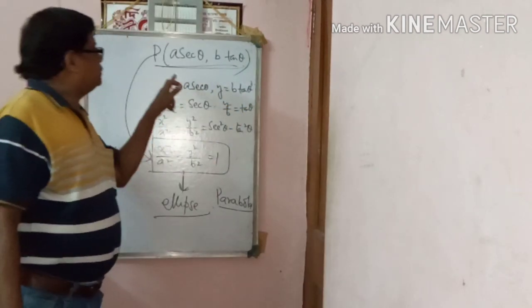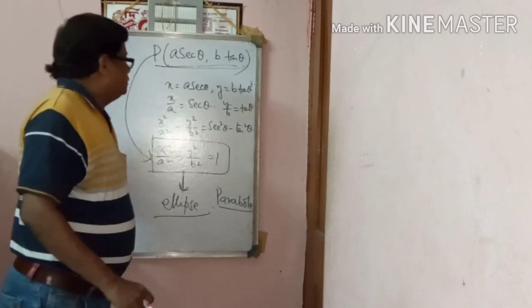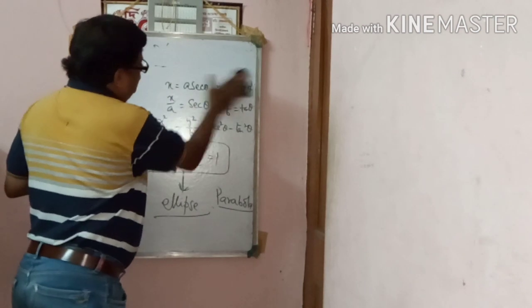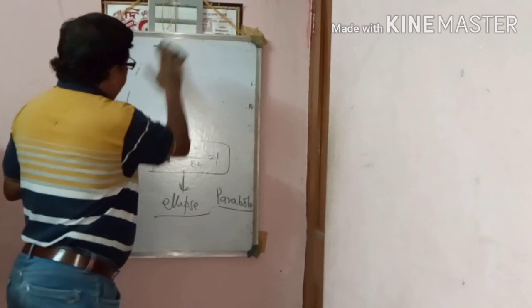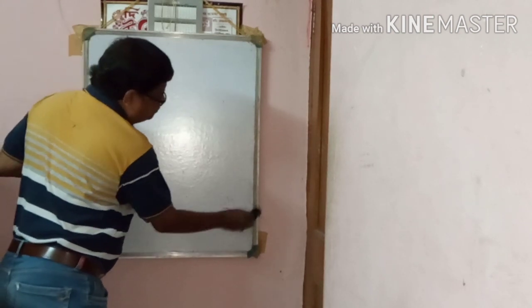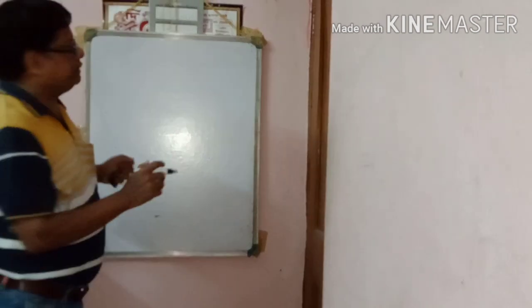And whatever the point I am writing here, you keep in mind, okay? All of you remember this point. First I'm writing a t square, 2 a t.